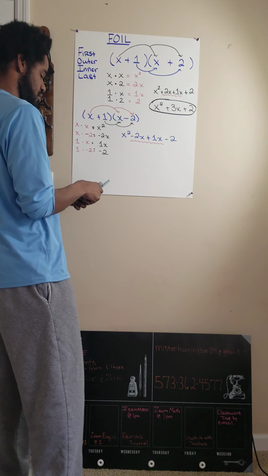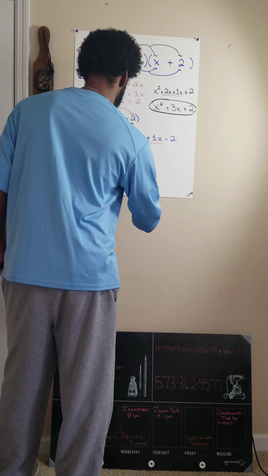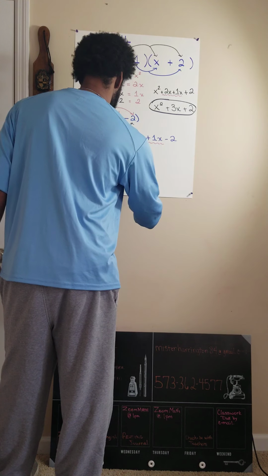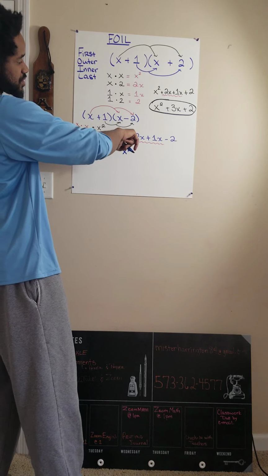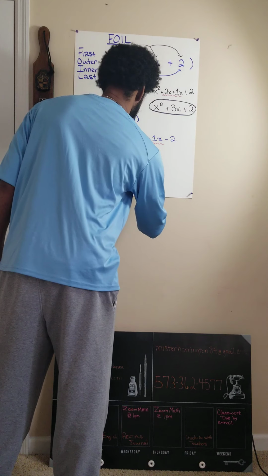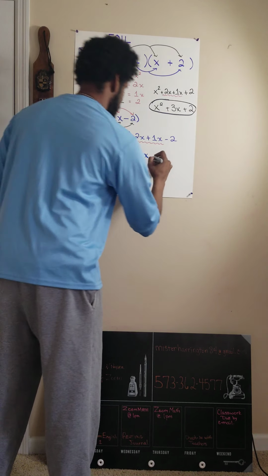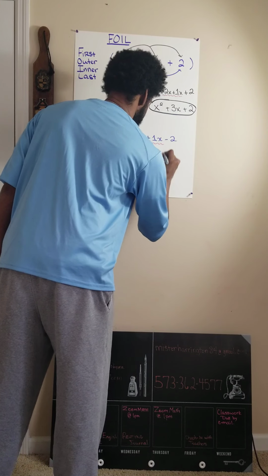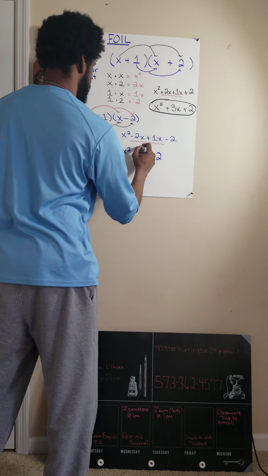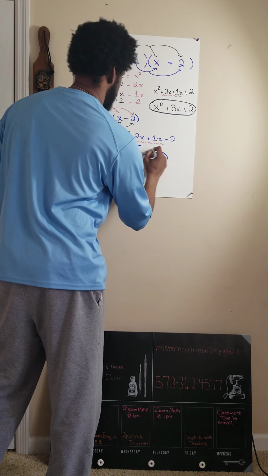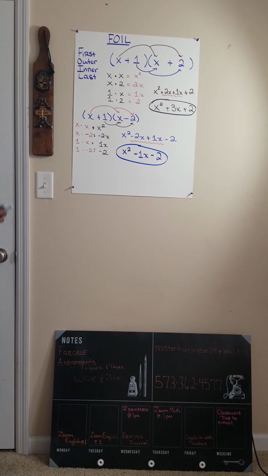So now, everything else comes down. I have x squared. Negative 2 plus 1 gives me a negative 1. X, I keep that x there. And then I go minus 2. And that is your answer, okay?